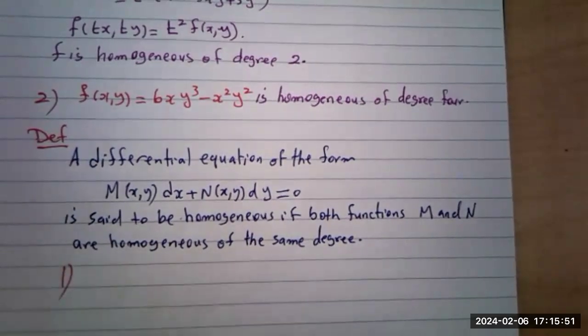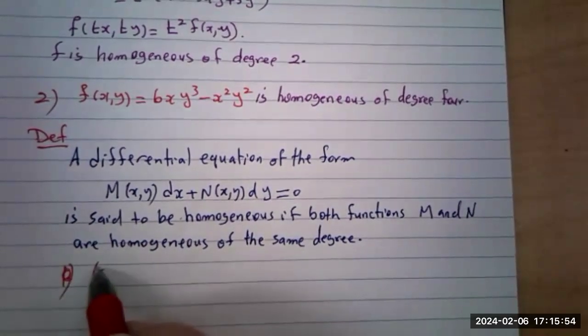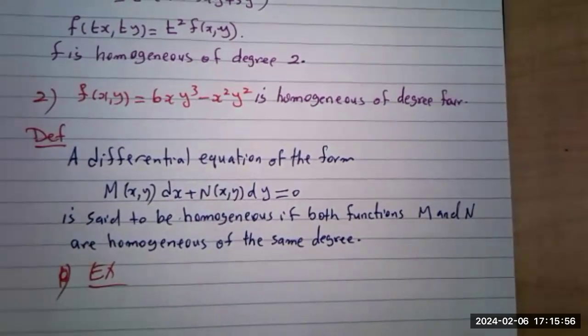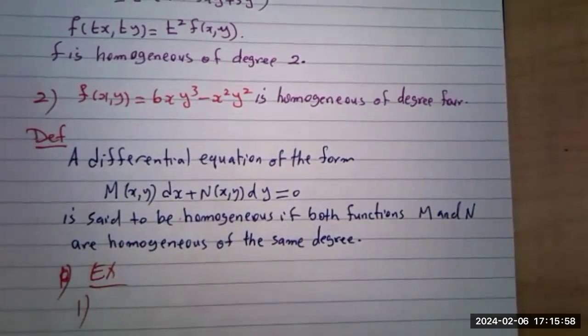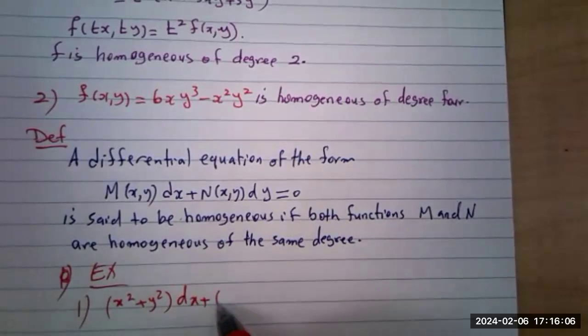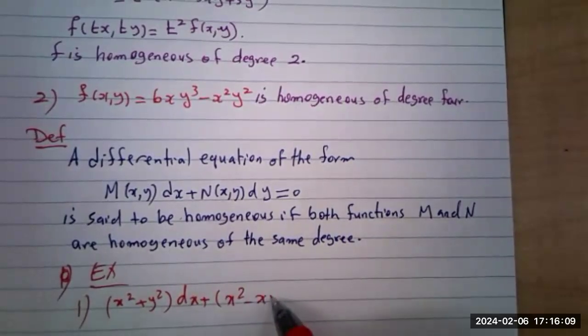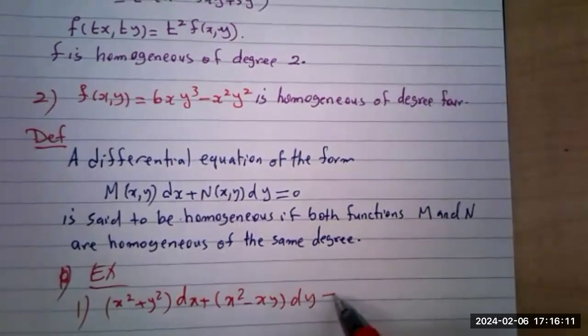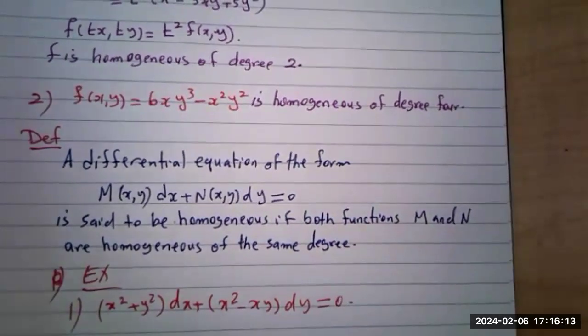Okay, so for example, look at the first one. The equation is (x squared plus y squared) dx plus (x squared minus xy) dy equal to 0.